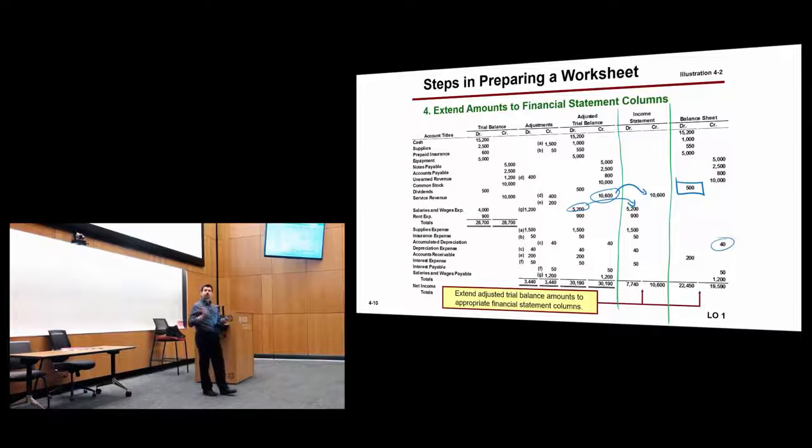But now that we have all this information, we can actually prepare the income statement, right? From the income statement column, we can prepare retained earnings. Can we prepare retained earnings from this information? What do you need to prepare the retained earnings statement?